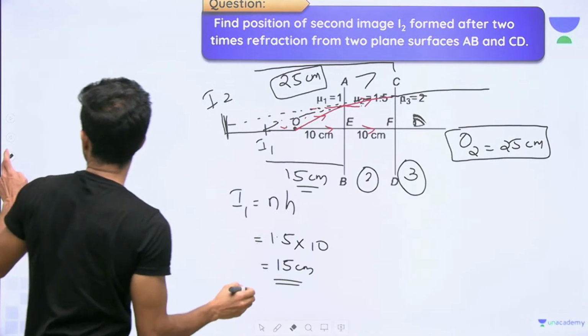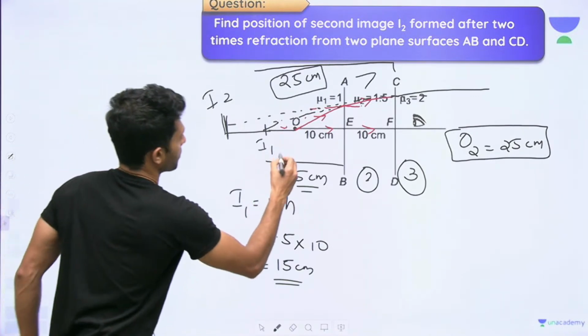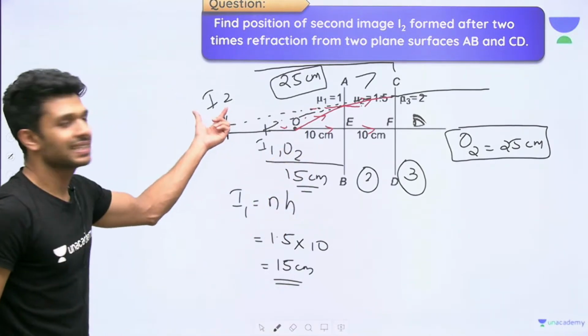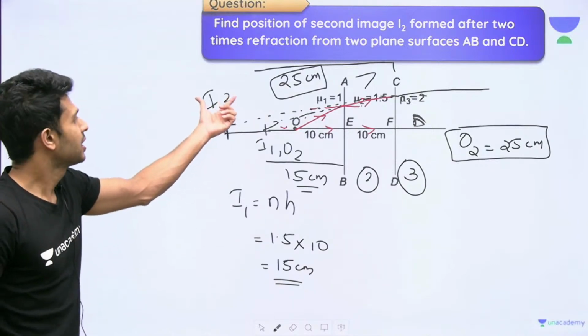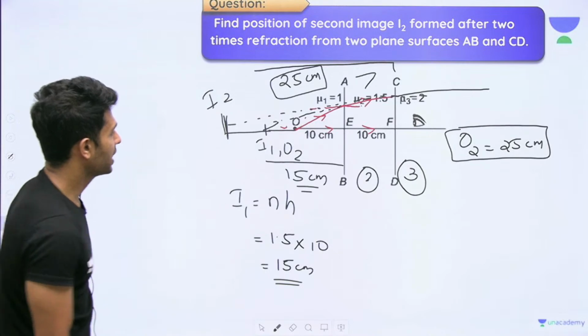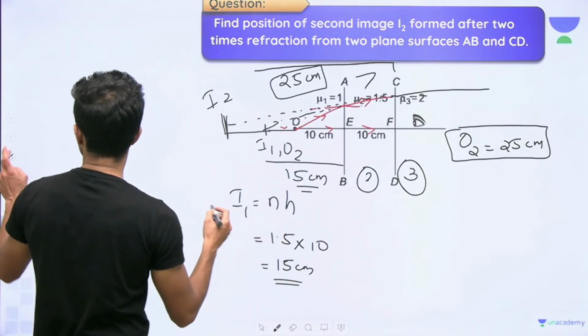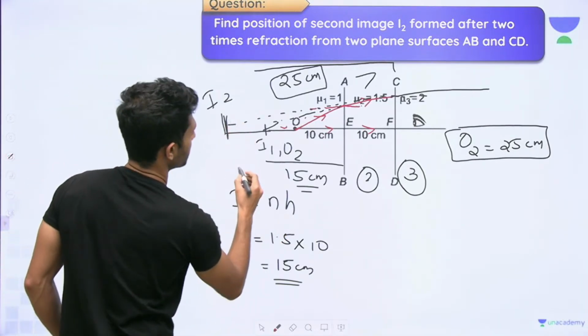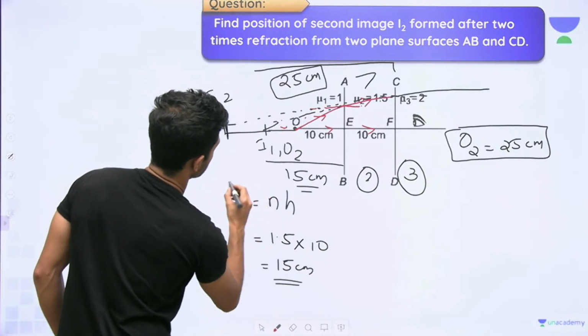I1, O2, and it is somewhere here that you will get the final image. Tell me, how will you find this distance? How will we find this distance? Quickly tell me.